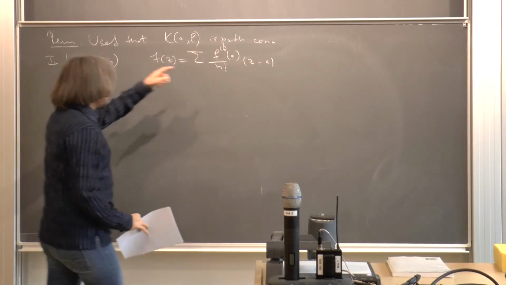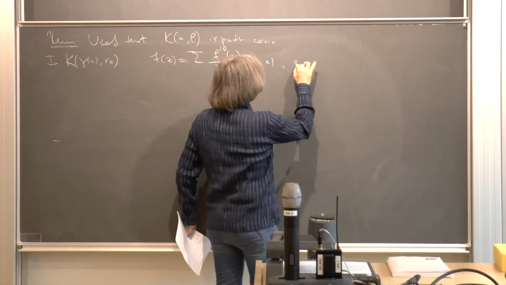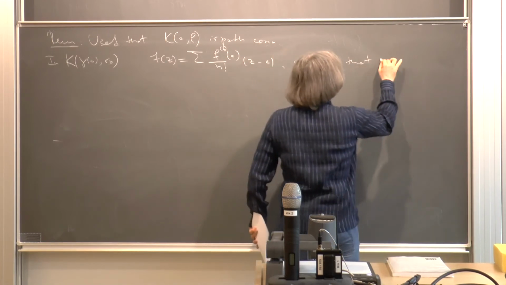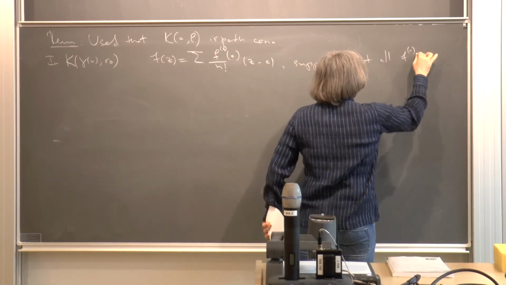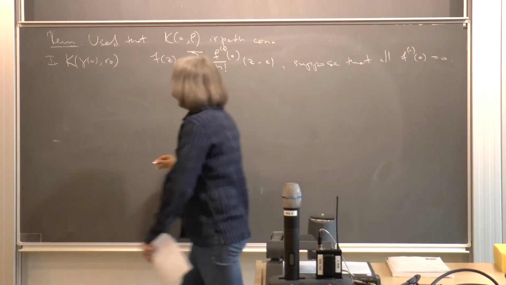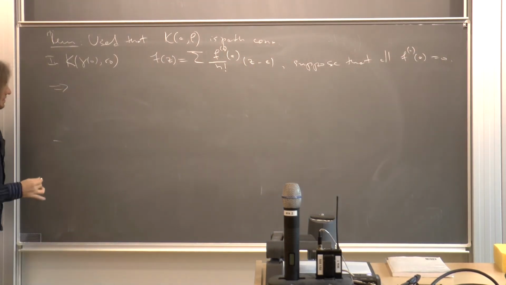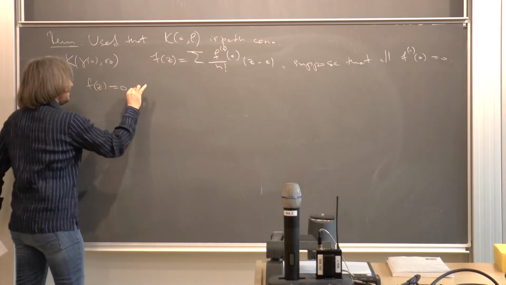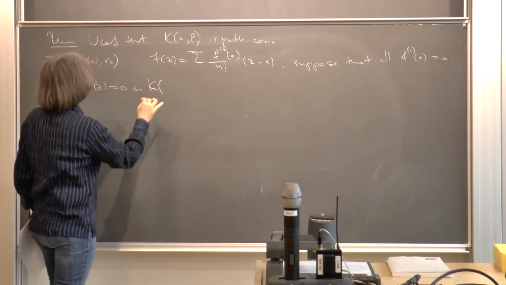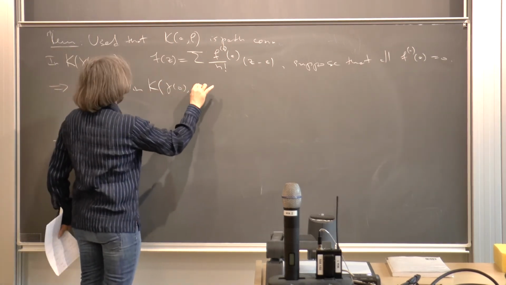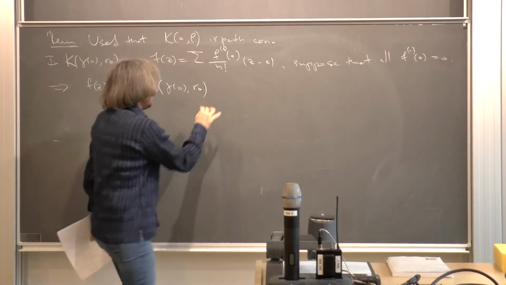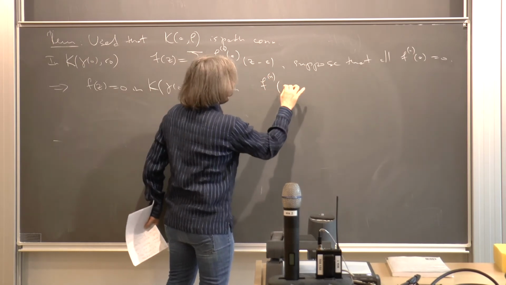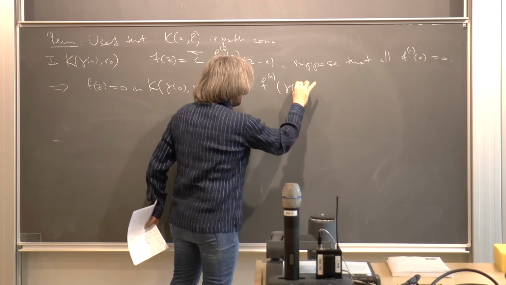If all these coefficients vanish, then it follows that the same is true for f of z in the first disk. We know that. So then all derivatives at gamma of t_1 also vanish.